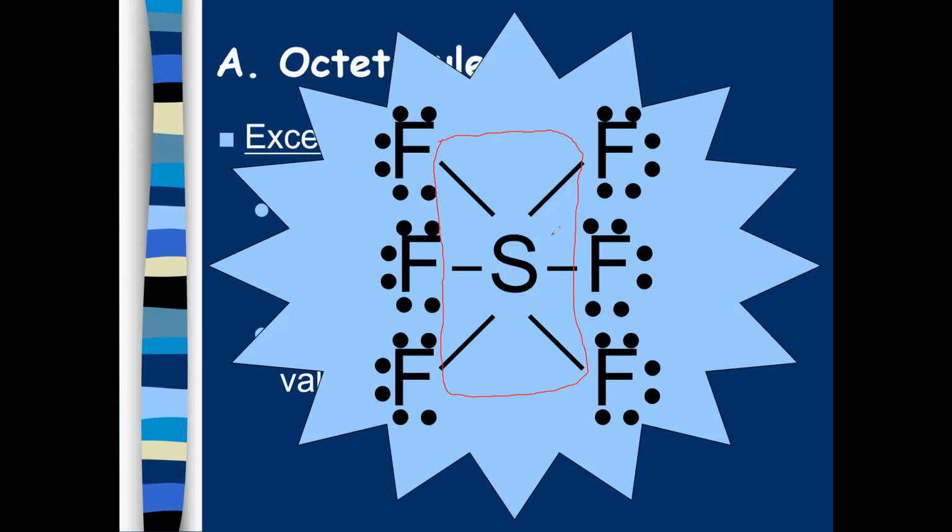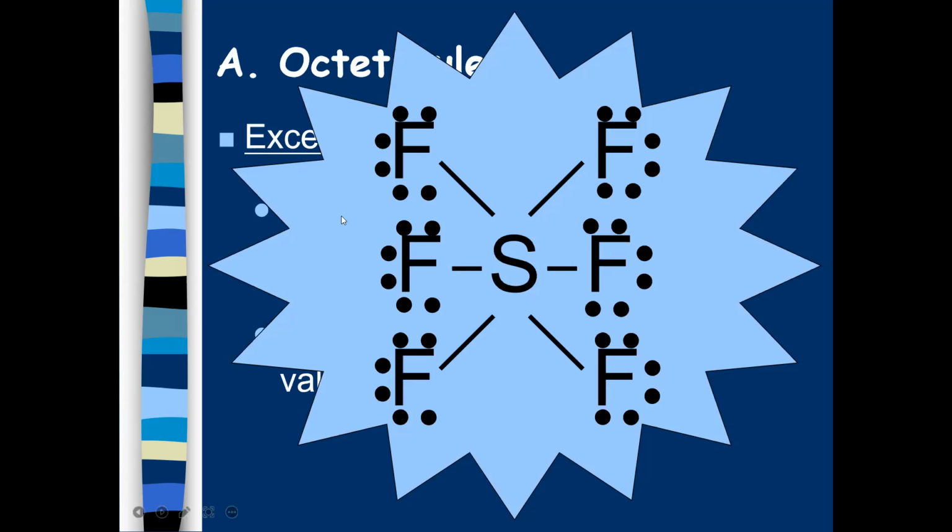Look at fluorine though. If we circle fluorine, you can see it only has 8, which is what you expect, 2, 4, 6, and then this one represents 2 more. So that's 8. All right, let's clear that and keep going.